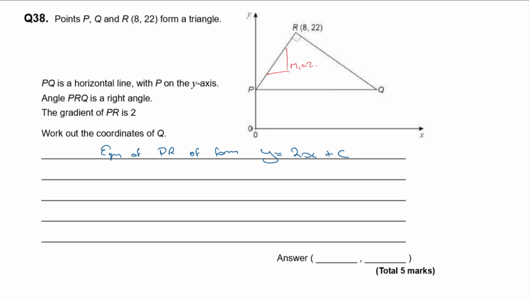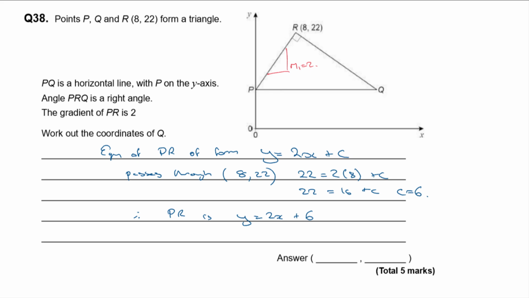And we know it passes through 8, 22, that point R. So if we sub those in, we get 22 is equal to 2 lots of 8 plus c. 2 lots of 8 is 16. So c must be equal to 22 minus 16. c is 6. And therefore PR is y is equal to 2x plus 6.